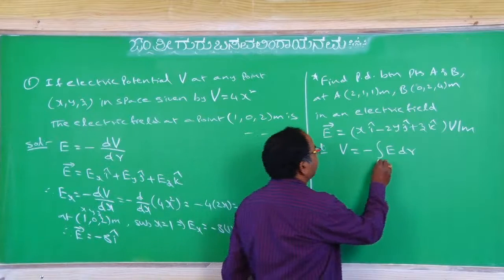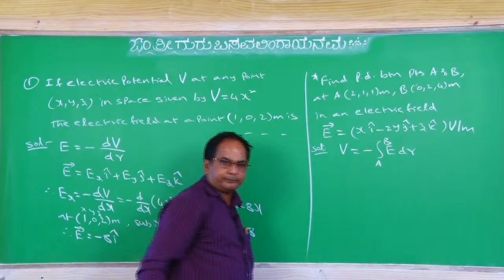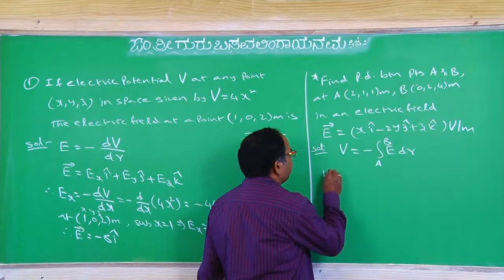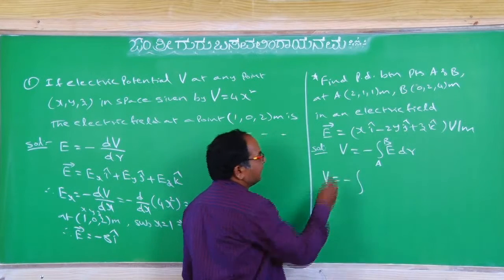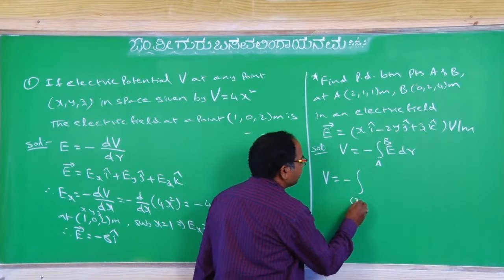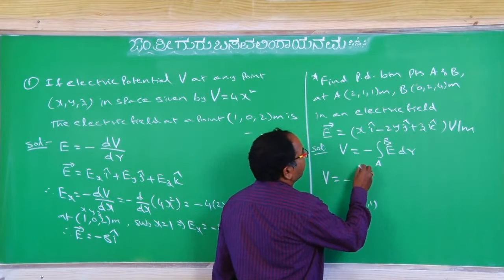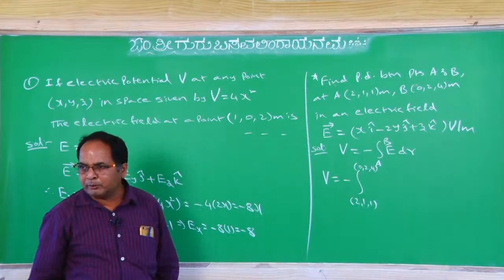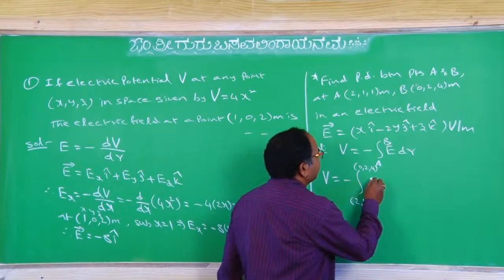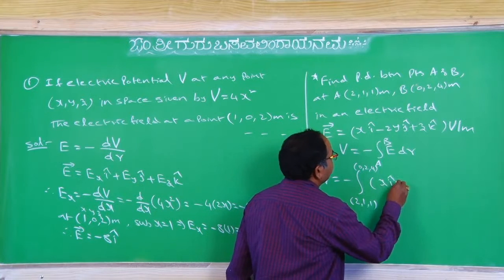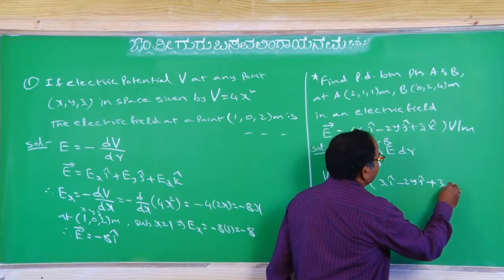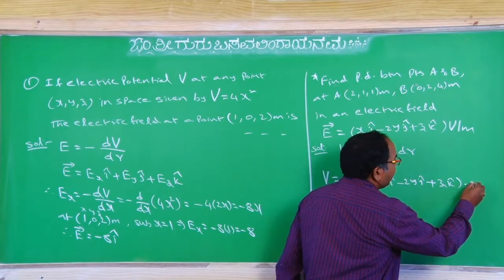Here, what limits should you take? Limits A to B. So we may write V is equal to minus integral from 2 comma 1 comma 1 to 0 comma 2 comma 4 of E bar, that is x i cap minus 2y j cap plus z k cap, dot dr bar.